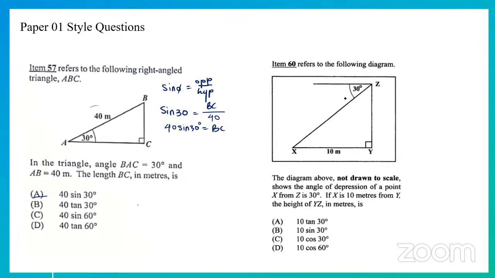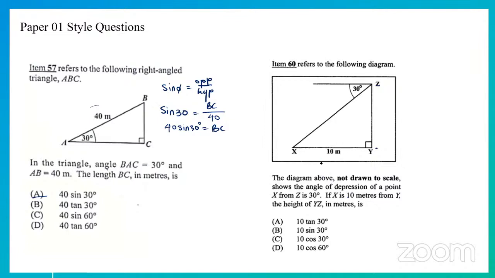Basically, they're giving us our angle of depression at 30 degrees and our distance from that point being 10 meters. Once again, it is asking about trig ratios. So what we do, we identify our sides that we're given and our missing sides. Our missing side here is YZ, which is here to here. And we know one angle, which is this one here.